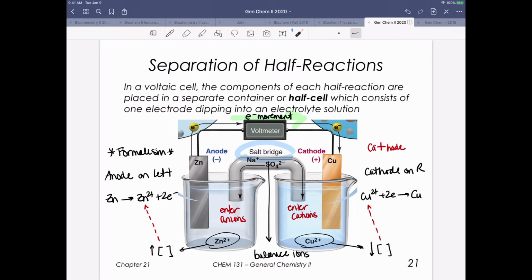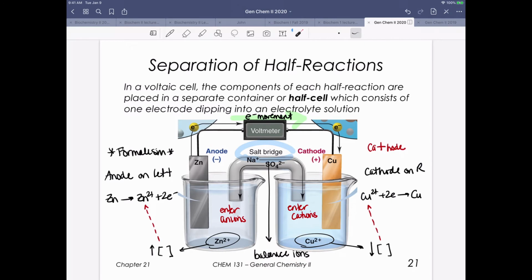All right, the last piece to consider here is this little guy that I said we're going to get to in a minute. This is called a salt bridge. You'll notice here that sodium and sulfate are not anything that participate in redox chemistry, right? We don't see these as part of our balanced half reactions here. But these guys are important because this battery could not work if we did not balance ions.